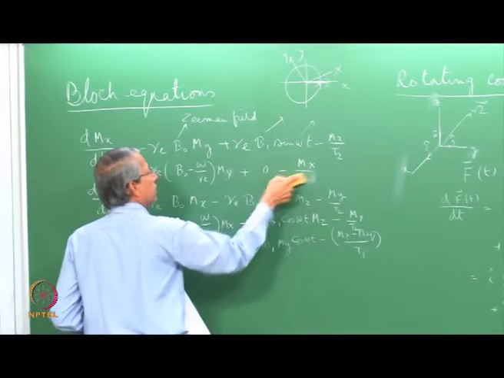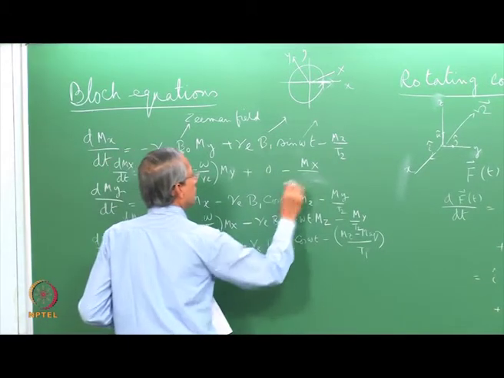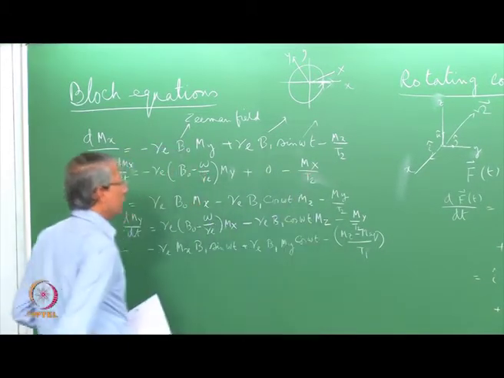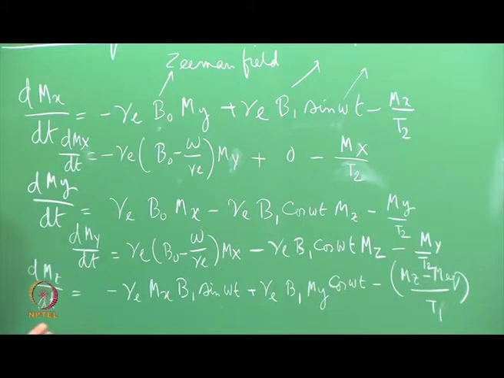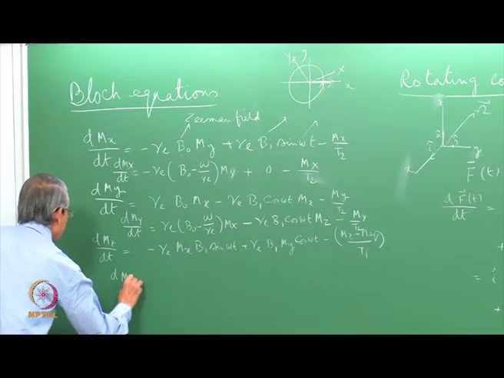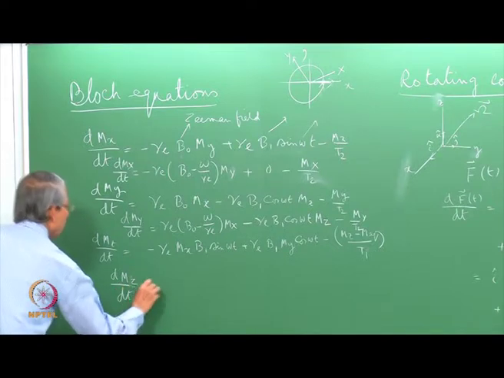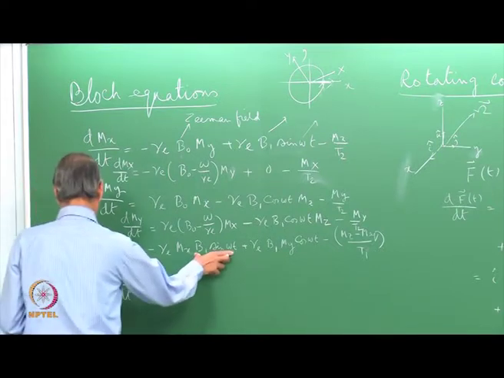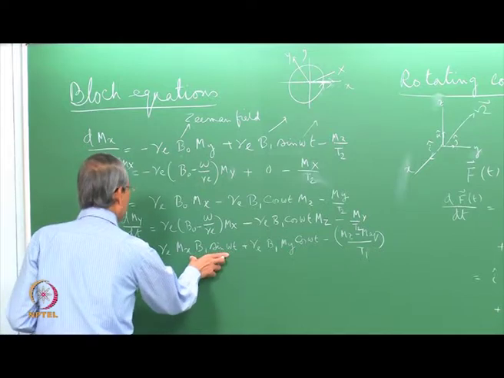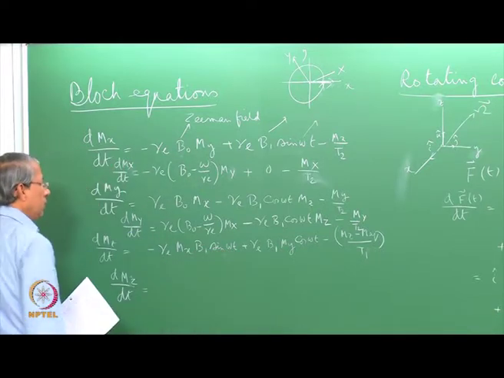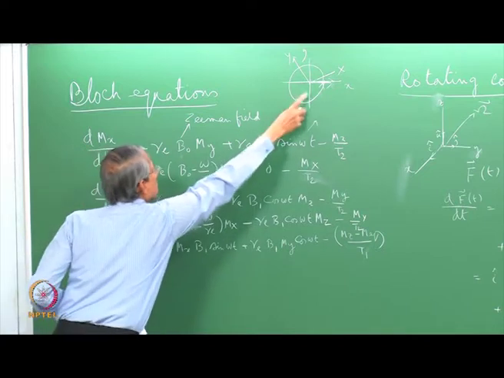There is a mistake here, this will be T2, and finally this is capital Z. This is again the y component of the rotating magnetic field which is not present in this coordinate system.